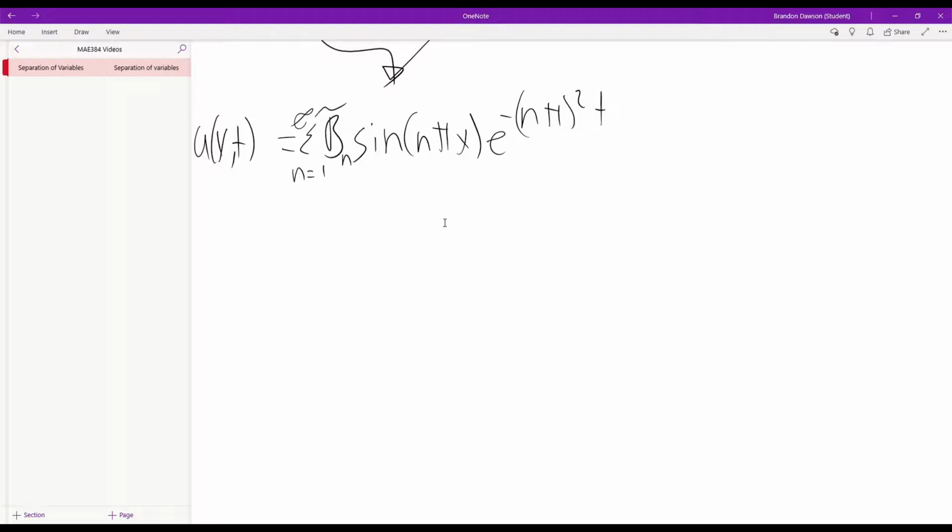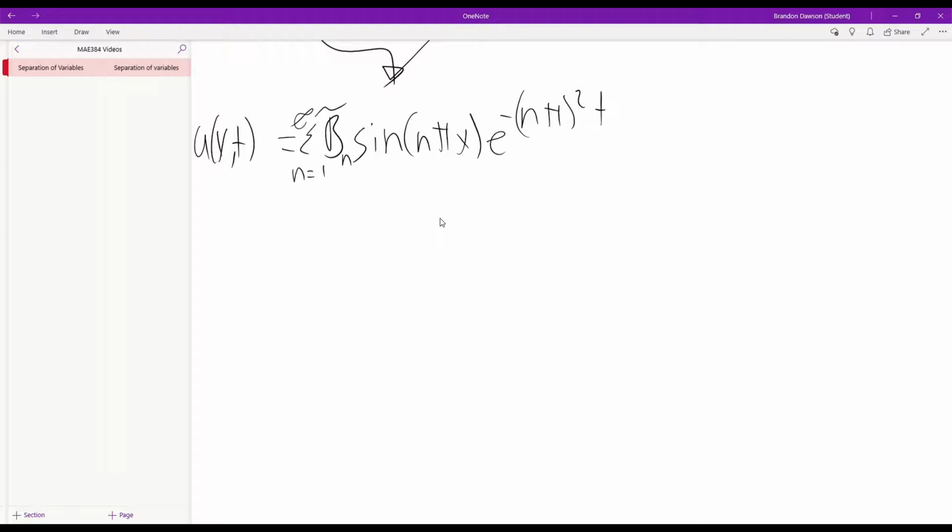It is totally possible that all n values are applicable, in which case our final solution would be some summation of values. You would not get u of x,t equal to some constant times sine times e.